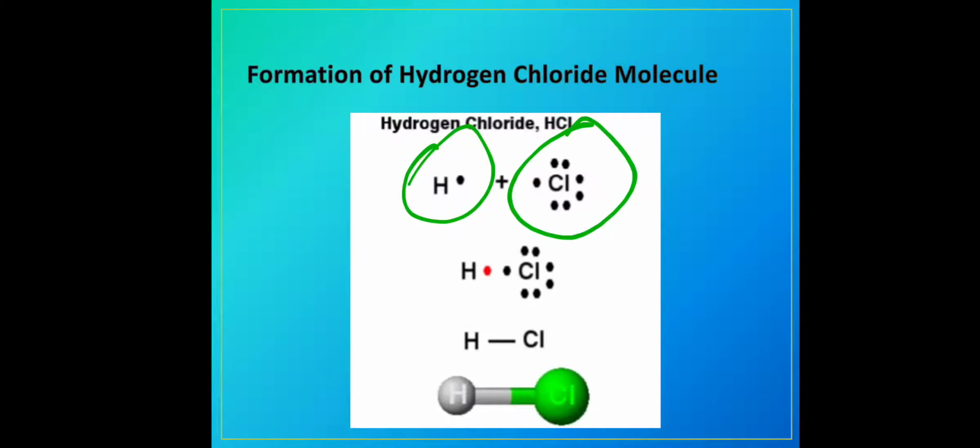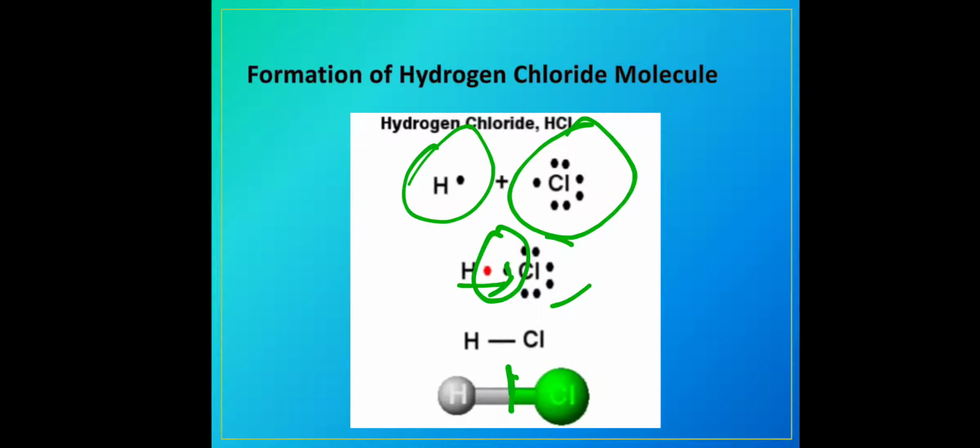When hydrogen and chlorine bring one electron each for sharing in the common space, at that time, chlorine has more number of electrons on this side. So it has a pull for the electron coming in from hydrogen, and that is why chlorine pulls the electrons closer towards itself.